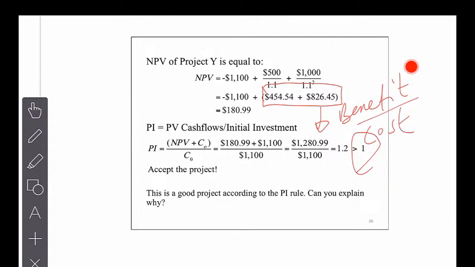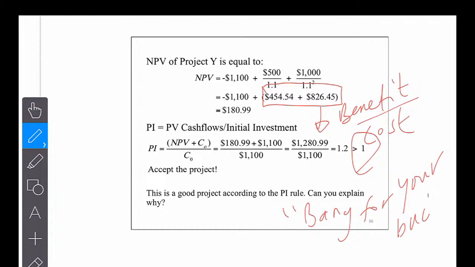More bang for your buck is another one that you might have heard in English. So for every dollar invested, you get 1.2 back. That's what it's giving you.